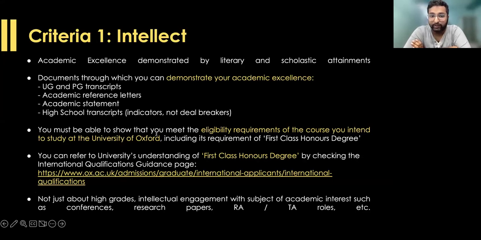So please take a look at whether your course requires a first class degree or whether it requires an upper second class degree. And also take a look at Oxford's conversion page, the link of which is given in the PPT, and I'm sure will be shared with you, which takes you through what grades within the Indian system translate into and how they translate into the UK system. Ritika, over to you.